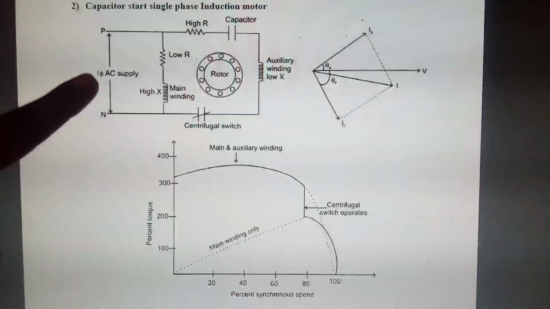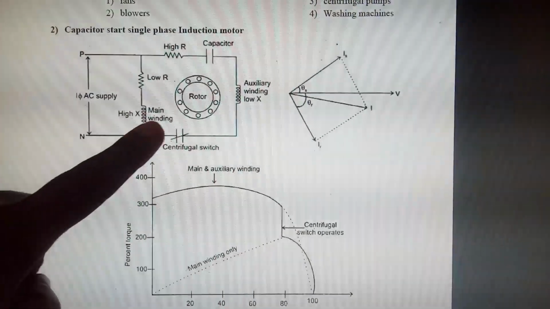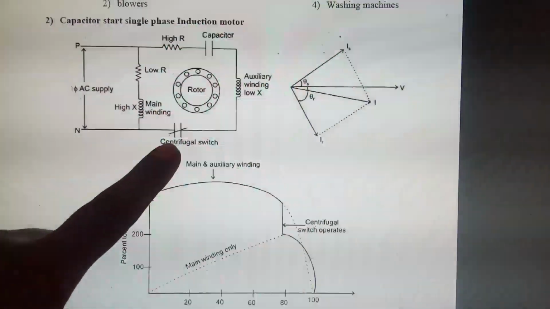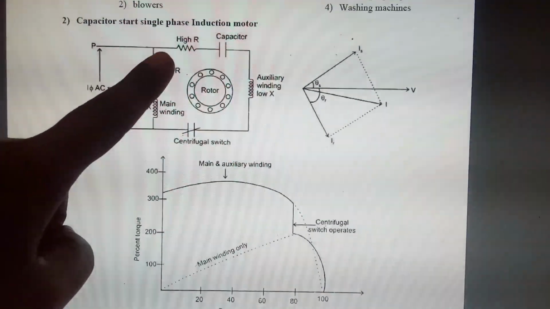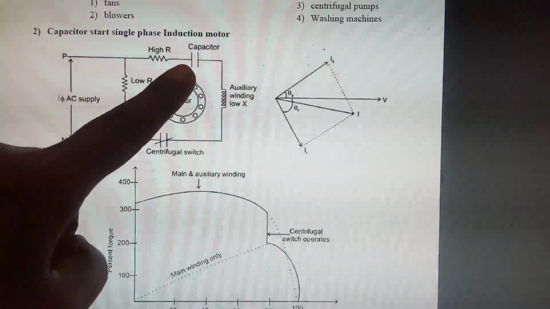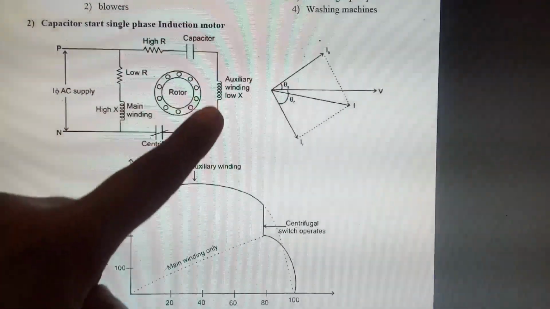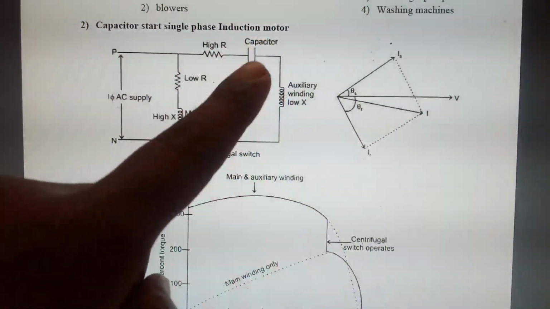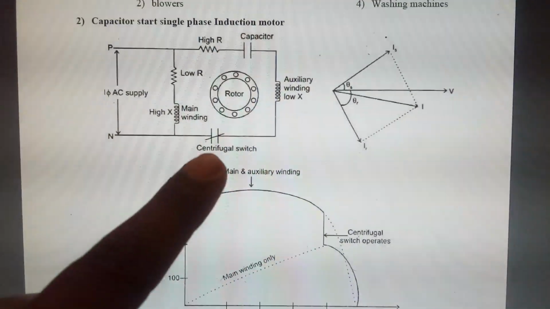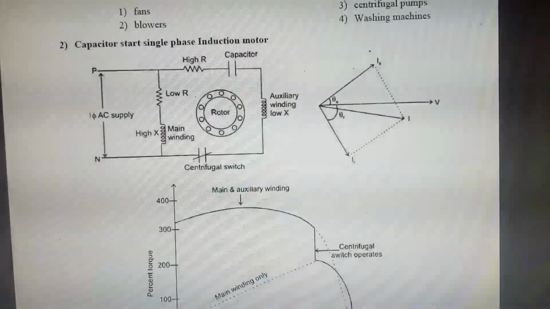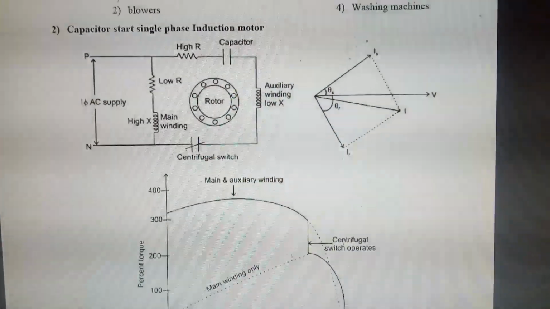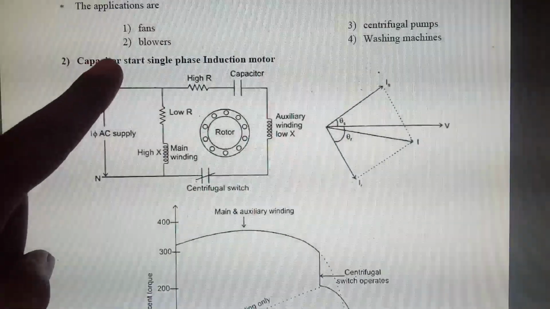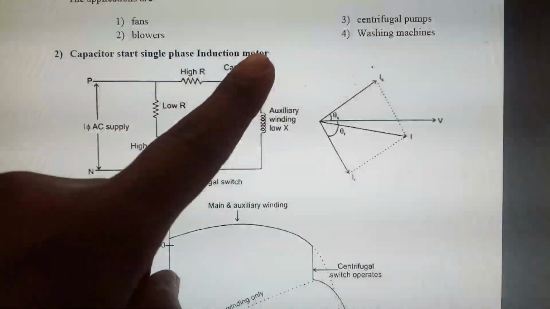The input supply, main winding, auxiliary winding and centrifugal switch are the same, but here one capacitor is added in series with the auxiliary winding. In the previous type of method, there is no capacitor, so here the capacitor is included, and it is the capacitor start single phase induction motor.